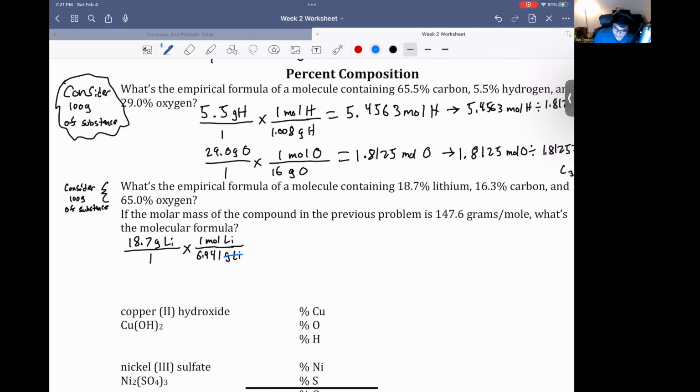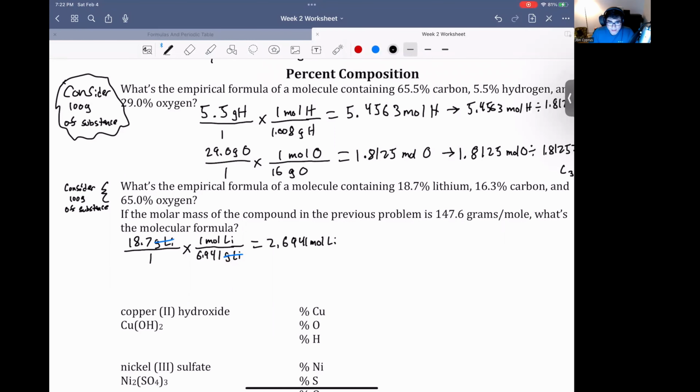The grams here cancel out, and then we get a number. Let me divide this 18.7 by 6.941. This is 2.6941 moles of lithium. I should probably add a few more decimals here.